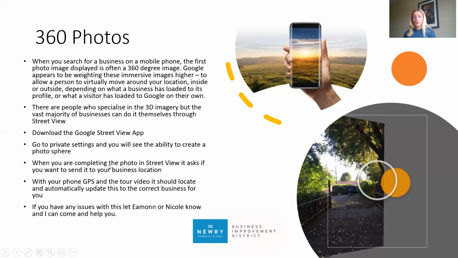So when you're completing the photo sphere, you basically stand, if I take my phone, you stand with your phone like this, and on your screen it will show you these little orange dots here, and all you need to do is move yourself right around your space following the orange dots.